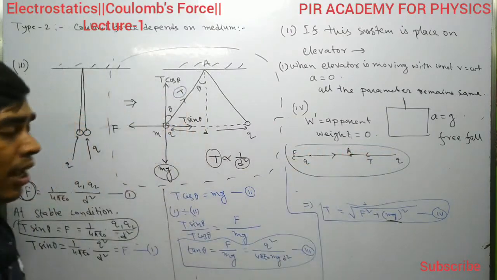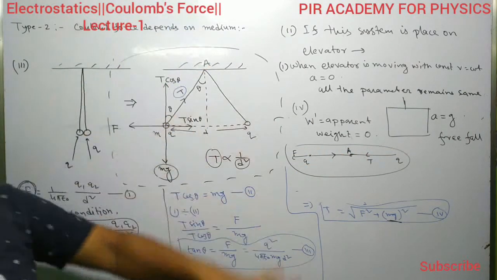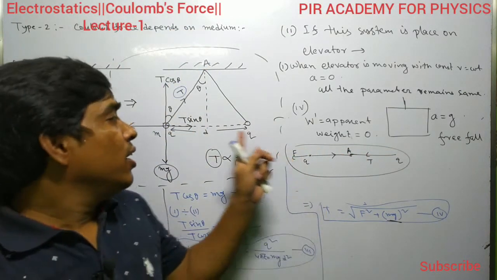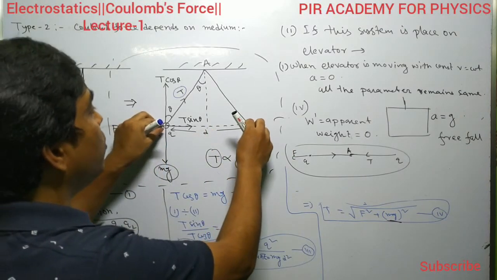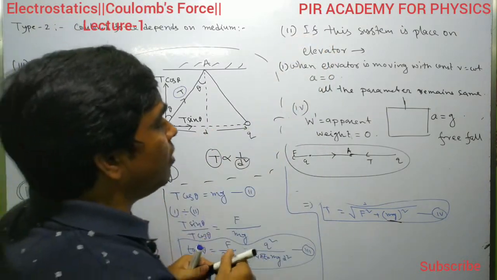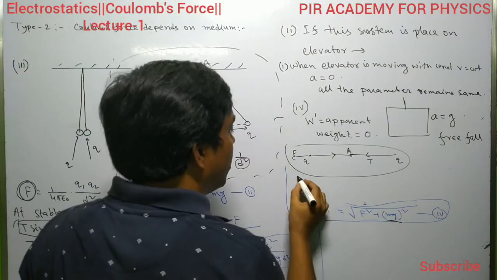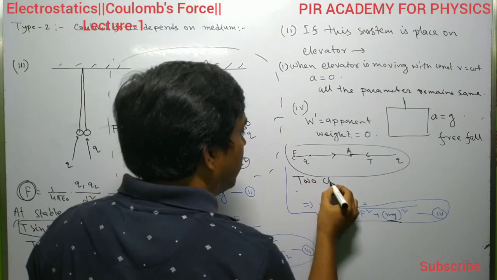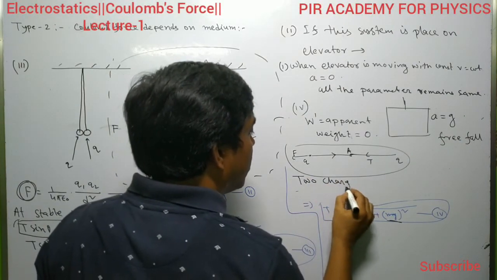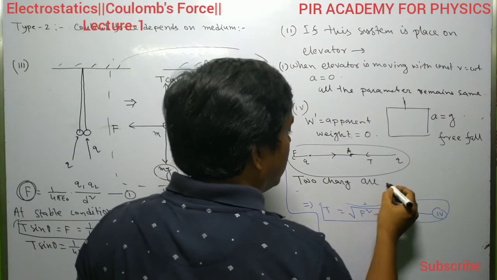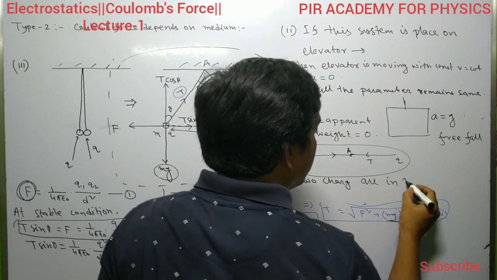So when the elevator is in free fall, then these two charges will be at the maximum distance.